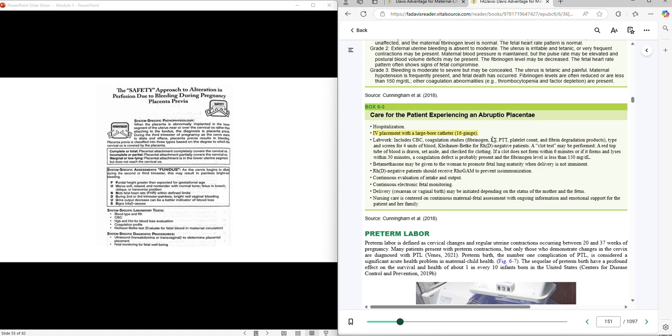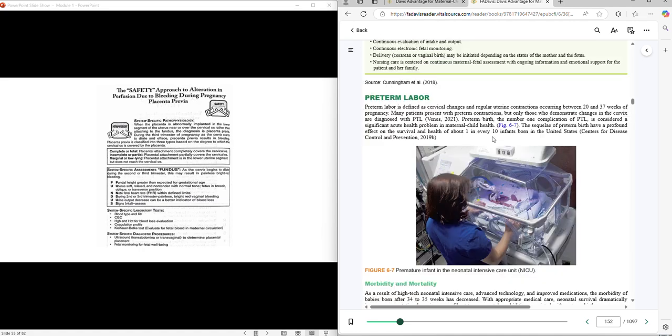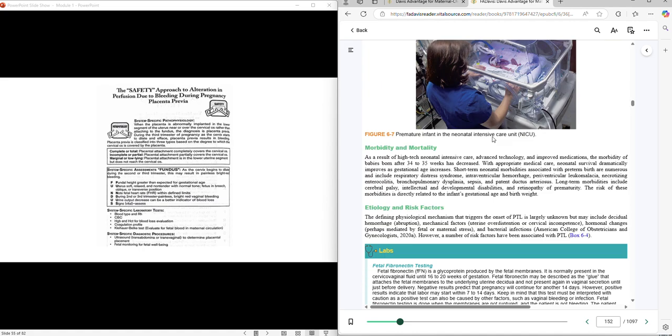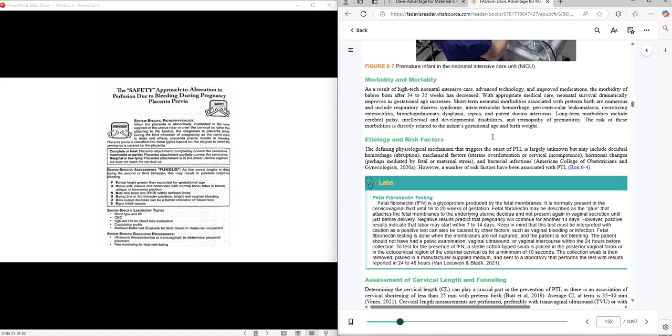Okay. Lab work. Preterm labor is what we're talking about next, and some lab work that goes with that. There's something called a fetal fibronectin, and this is a glycoprotein that's produced by the fetal membranes to show is it actually working. This is usually done about 16 to 20 weeks.